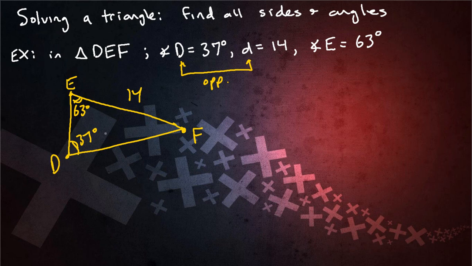So across from big E is little e, and across from big F is little f. I'm going to have to do the law of sines a few times here, but I notice I can get angle F fairly quickly. Because there's 180 degrees in a triangle, I can subtract the 63 degrees and the 37 degrees, and that will give me the remaining angle right there.